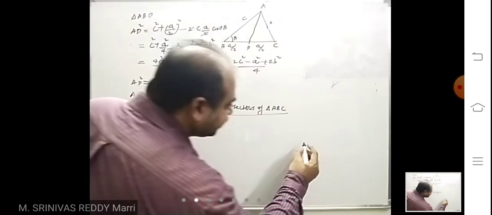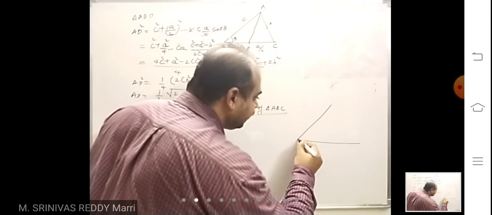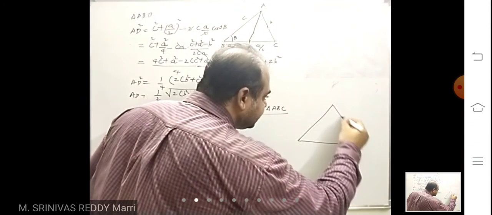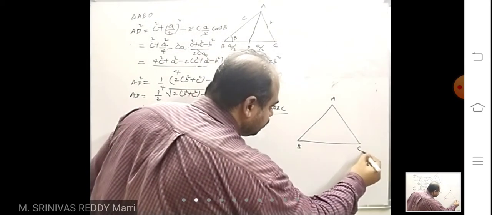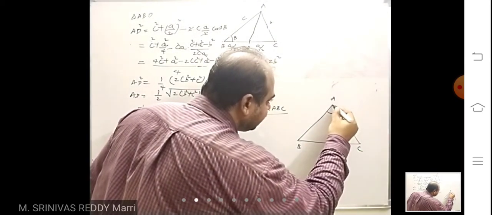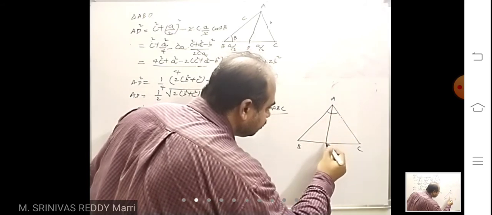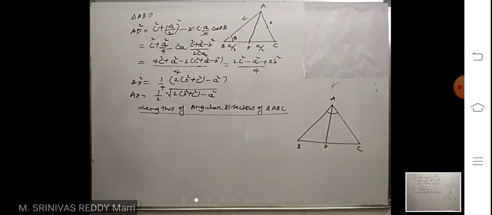What is an angular bisector? It is bisecting angle A. Look at what the length of an angular bisector means. You draw a line bisecting angle A. This is the angular bisector bisecting angle A, right?